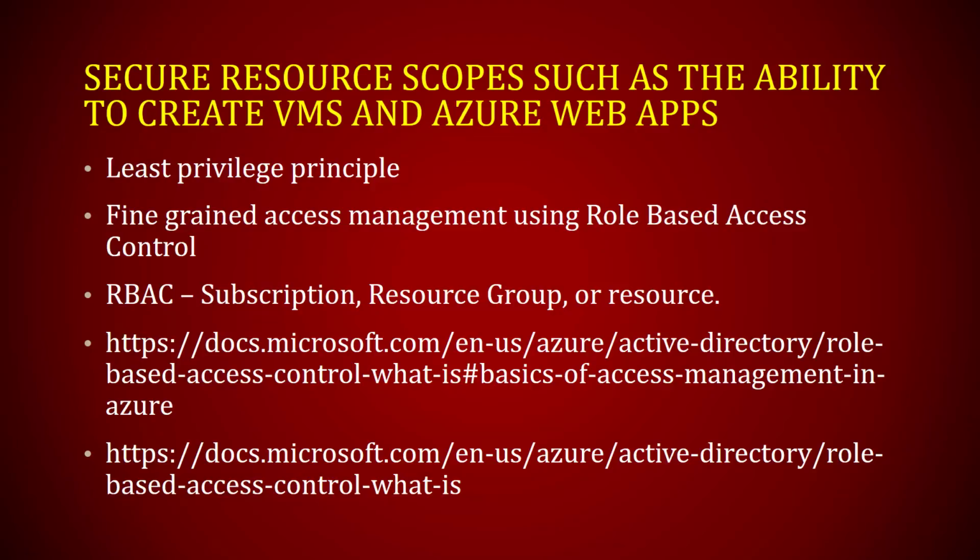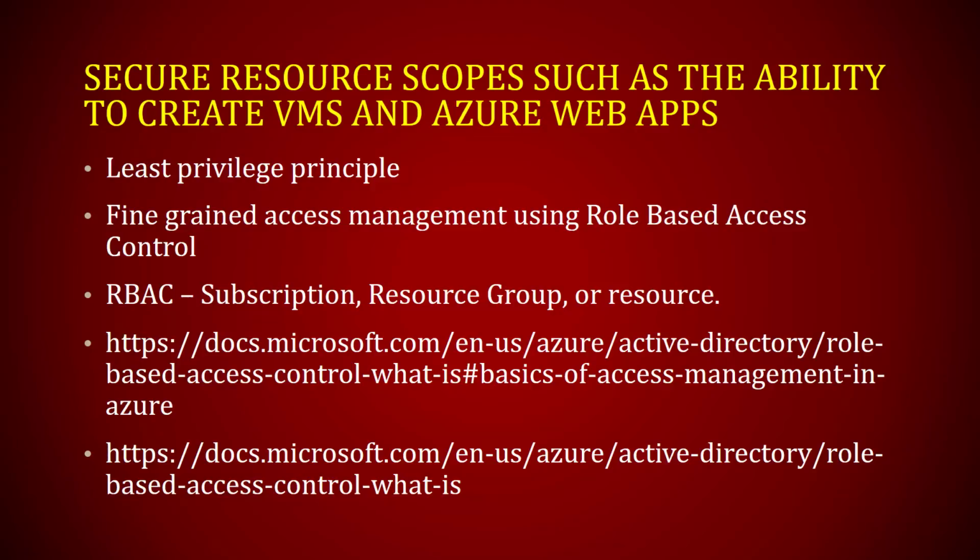RBAC controls can be applied at the level of a subscription, a resource group, or a resource. So where your actual controls, and therefore your security, sit can be at any of those levels. Now, bear in mind that if you apply it at a subscription, then that filters down into the resource groups.